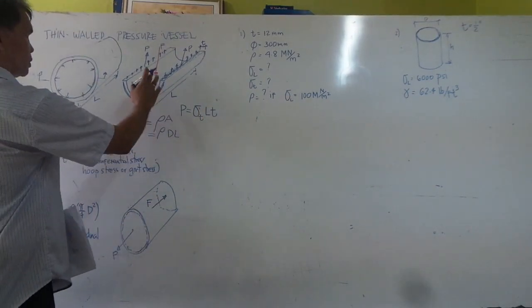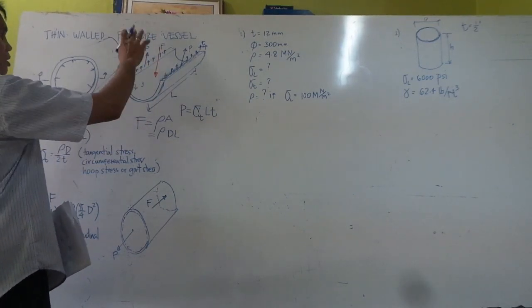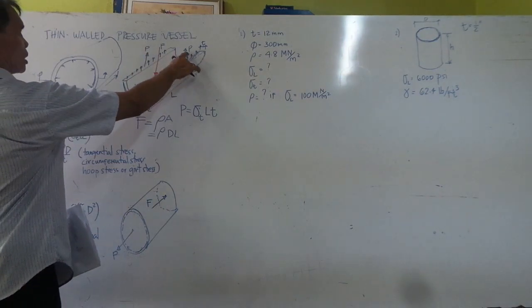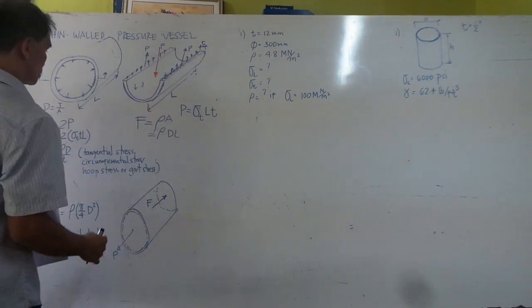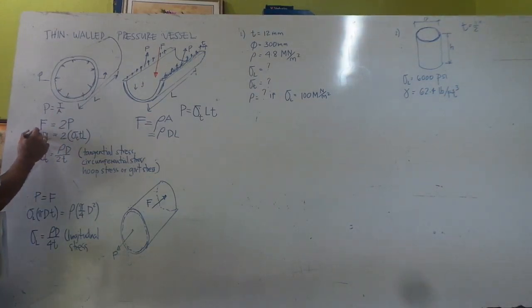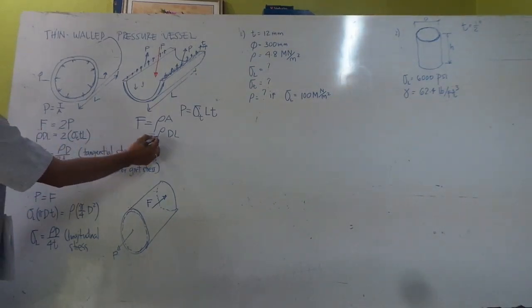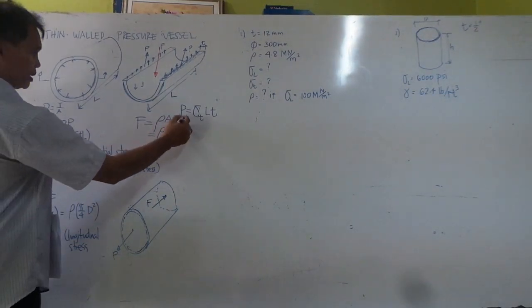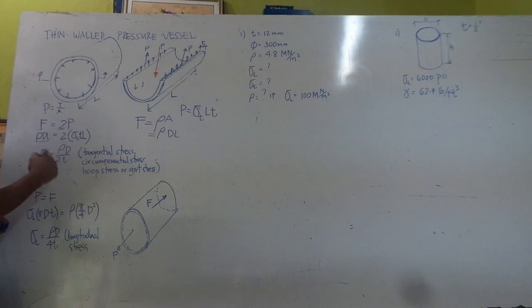If you sum up forces in the opposite direction, you have F equals 2P, because there are two sides in this section. Substituting the formula and simplifying, the tangential stress is equivalent to the unit pressure times the diameter divided by 2t.